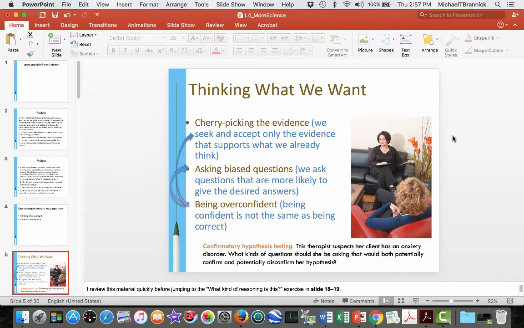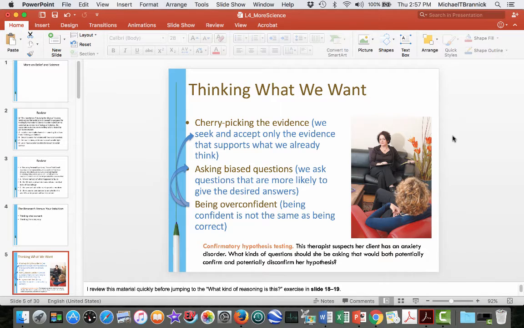So you'd have to try to look at it both ways to get the data out there and try to summarize all of it. So I think that sort of cherry picking and asking biased questions are very common sorts of things that we all do, whether we think about it or not.